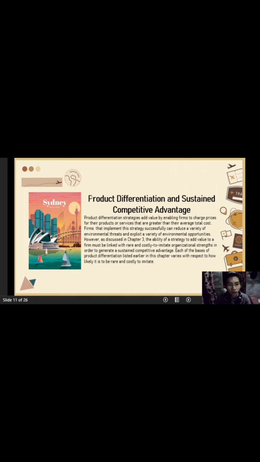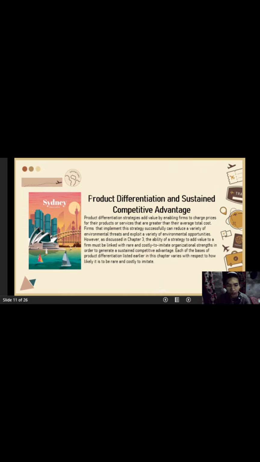Okay, product differentiation and sustained competitive advantage. Product differentiation strategies add value by enabling firms to charge prices for their products or services that are greater than their average total cost. Firms that implement this strategy successfully can reduce a variety of environmental threats and exploit a variety of environmental opportunities.